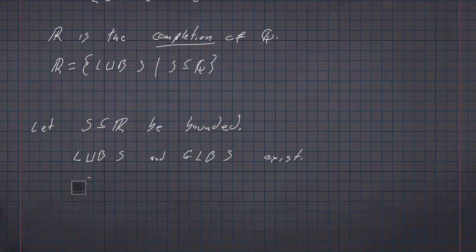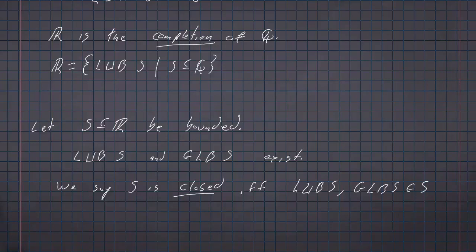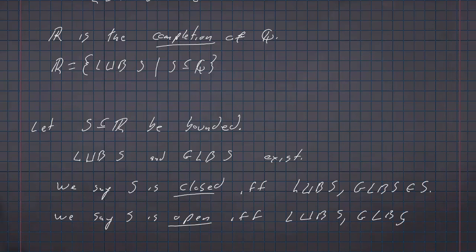Let's write this sentence in order. We say that S is closed if and only if LUBS and GLBS are in S. We say S is open if both the least upper bound and the greatest lower bound are not in the set.